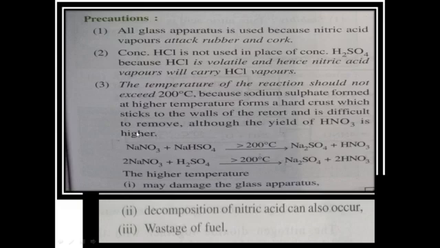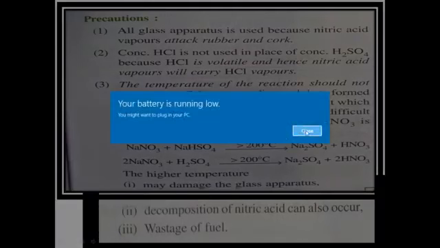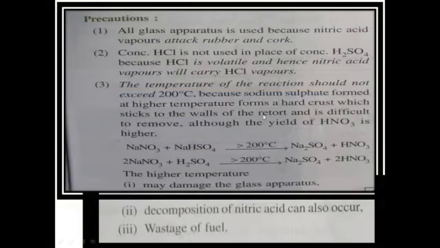So if you increase the temperature above 200 degrees Celsius, then we can get more nitric acid, and the yield will be good, but the sodium sulfate or potassium sulfate formed will have a hard crust which sticks to the wall of the retort and cannot be removed easily, which can break the retort while removing it. This is the reaction that takes place at a higher temperature.